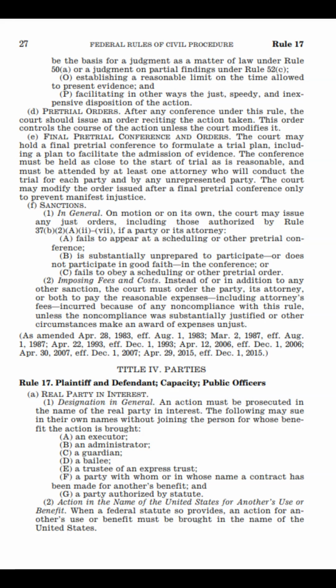Imposing fees and costs. Instead of or in addition to any other sanction, the court must order the party, its attorney, or both to pay the reasonable expenses, including attorney's fees, incurred because of any noncompliance with this rule, unless the noncompliance was substantially justified or other circumstances make an award of expenses unjust.